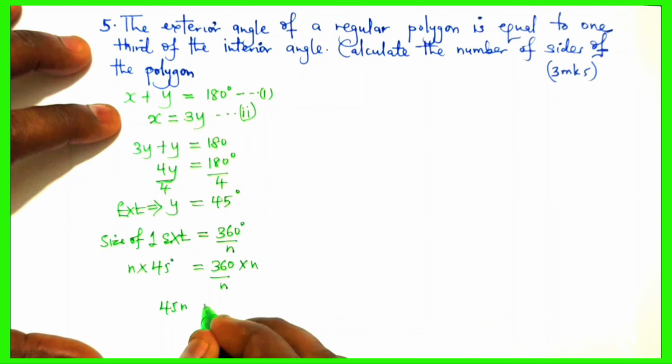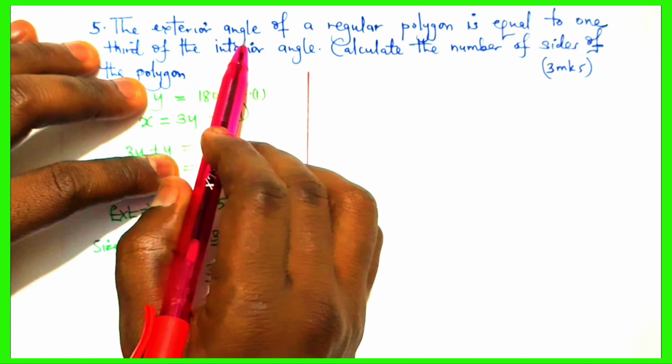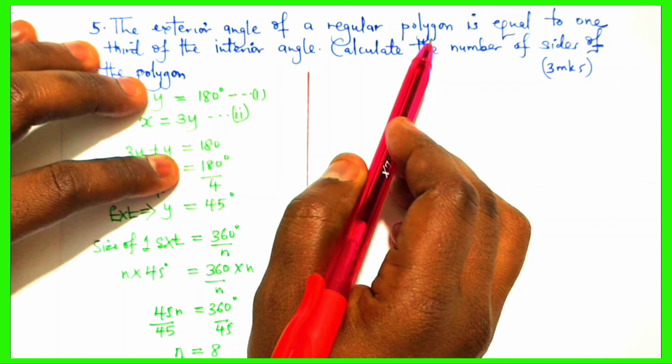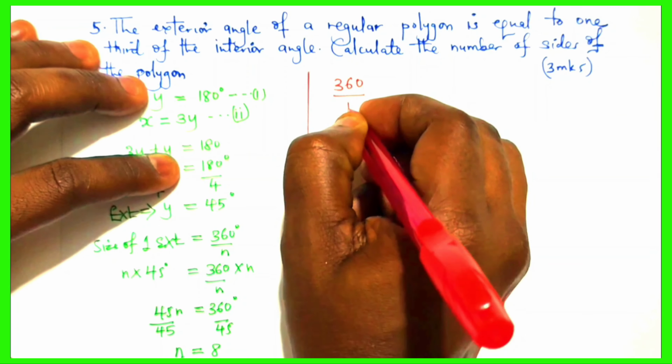Another way in which you can solve this question is by considering the laws. So we are being told here that the exterior angle of a regular polygon, and as per the fifth law, we've said that the exterior angle is equal to 360 degrees over n.